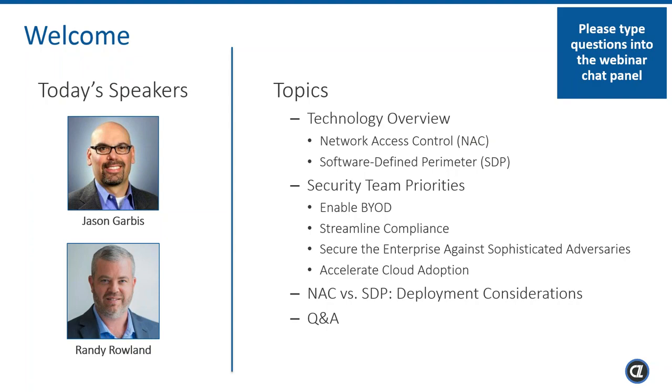I'm helping to lead the ongoing research work there and develop the evolution of that spec for the enterprise and for infrastructure as a service. And in our presentation today, of course, we'll be talking about that specification, the software-defined perimeter, and comparing and contrasting it to network access control solutions.